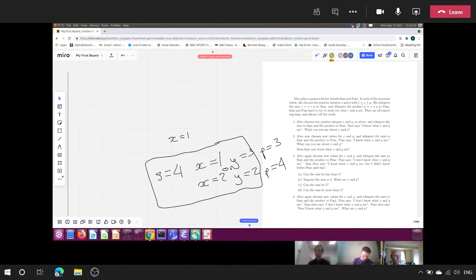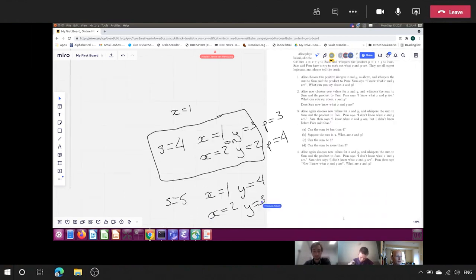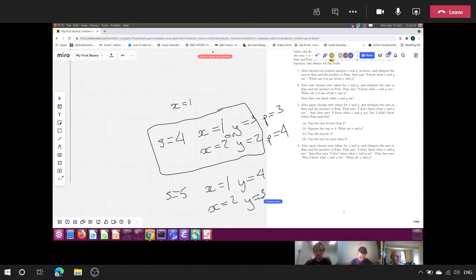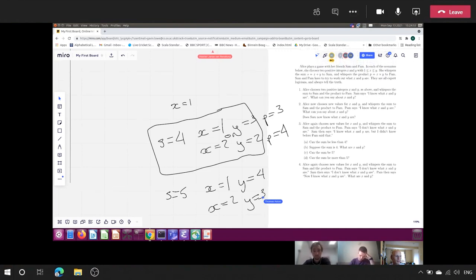So if we consider s equals 5, then that would give x equals 1, y equals 4, or x equals 2, y equals 3, as the only cases to consider, since x must be less than or equal to y.